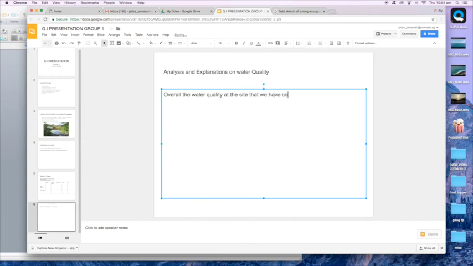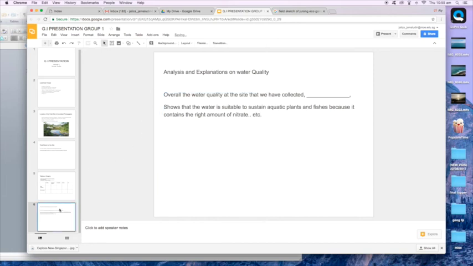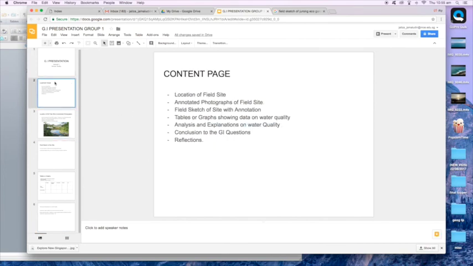You can say the site where you've collected shows that the water is suitable to sustain aquatic plants and fishes because it contains the right amount of nitrate or whatever, etc. To explain. But then you have to go back to your last one, the conclusion to the GI question.